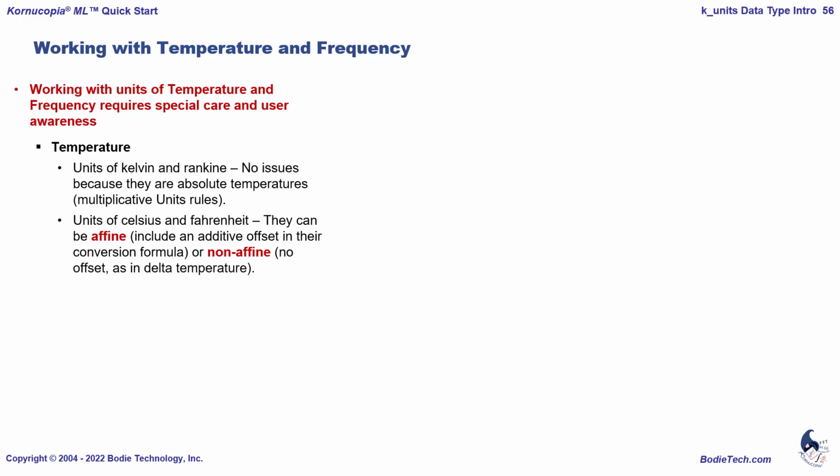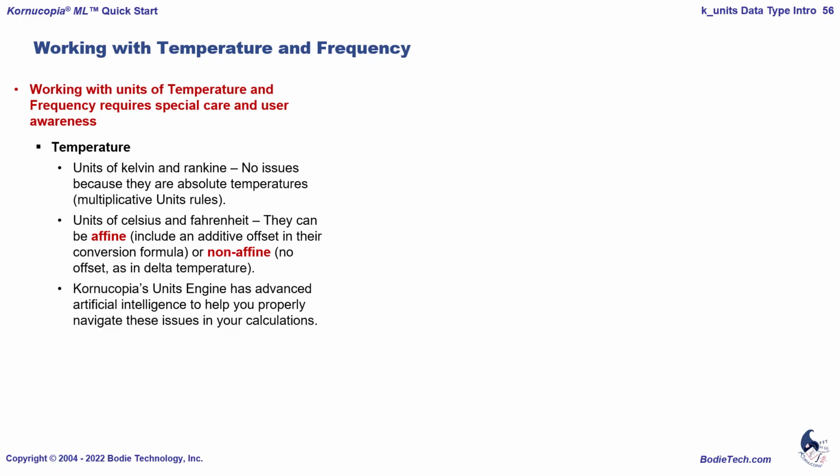If instead I had a statement like the temperature delta from one side to another on a wall is 100 degrees Celsius, then the conversion to what is that temperature delta in Fahrenheit would not be affine. It would not have the offset, and you would actually end up with a different number than you would have for the boiling water case. So there's a bunch of advanced technology in Kornucopia's unit engine to handle this, but you do need to be aware.